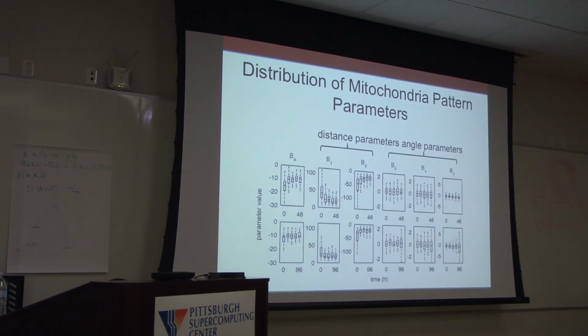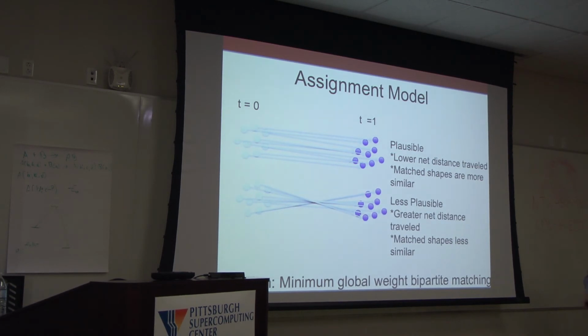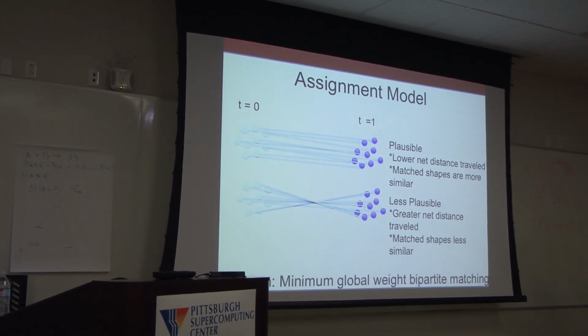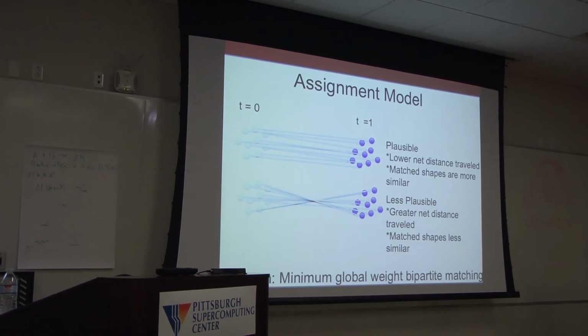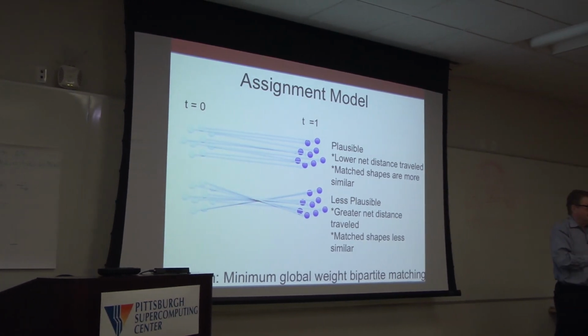Okay? In linking them together, we have no way of knowing which cell is related to which cell. But because we have a lot of cells at both time points, we're going to say the cell from time point 1 that is most similar to the cell at time point 0 was probably what that cell at time point 0 would have become at time point 1.